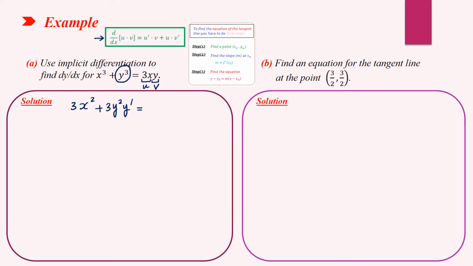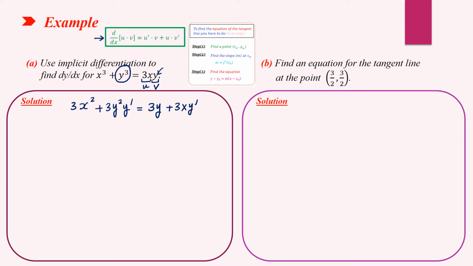You'll get u prime, which is 3, multiplied by v, y, plus u, which is 3x, multiplied by v prime, and v is a function in terms of y, so the derivative of y is equal to 1, but you have to multiply it by y prime since it is a function in terms of y only.